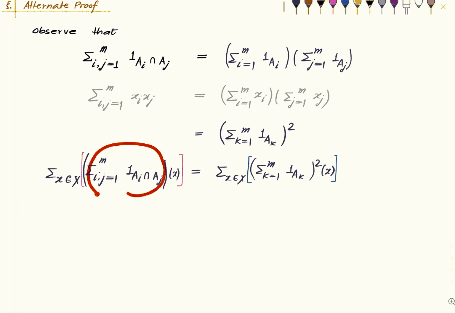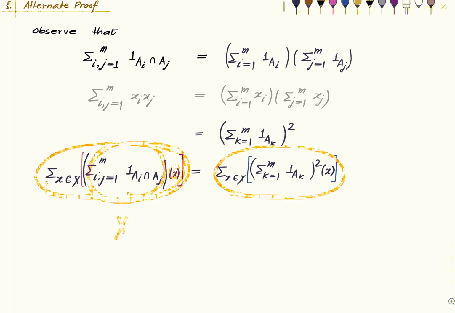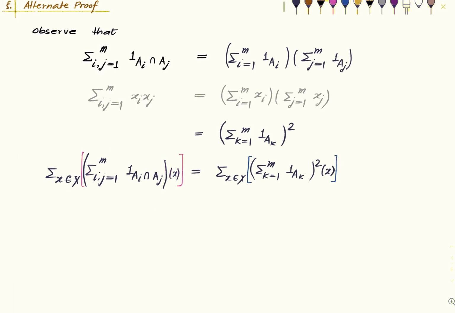So this was a function with the domain the set X, and now it is consuming a point of X, so it becomes a number, and now we are just adding those numbers up, and similarly on this side. And now we can interchange summations, so it's good to skip a few steps and do it quickly. That's what we have.